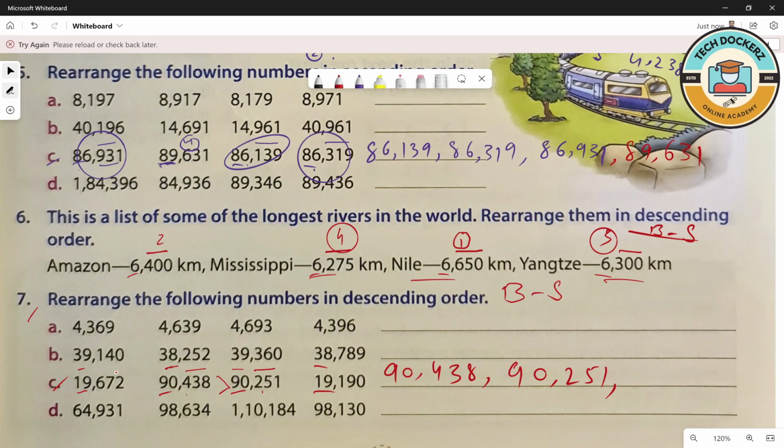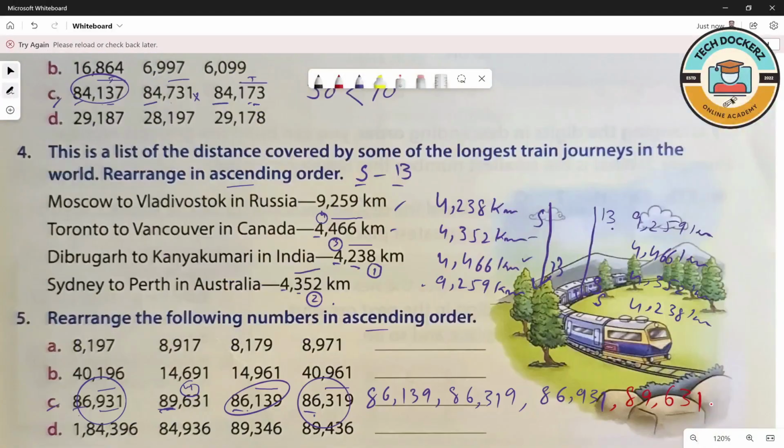So we cannot tell which is bigger and which is smaller, because both start with 19,000. Let's move to the ones place, which is 600 and 100. Which number is bigger, 600 or 100? Obviously 600 is bigger. So we can write here 19,672. The last number is 19,190. So this is the end of exercise number 1B.